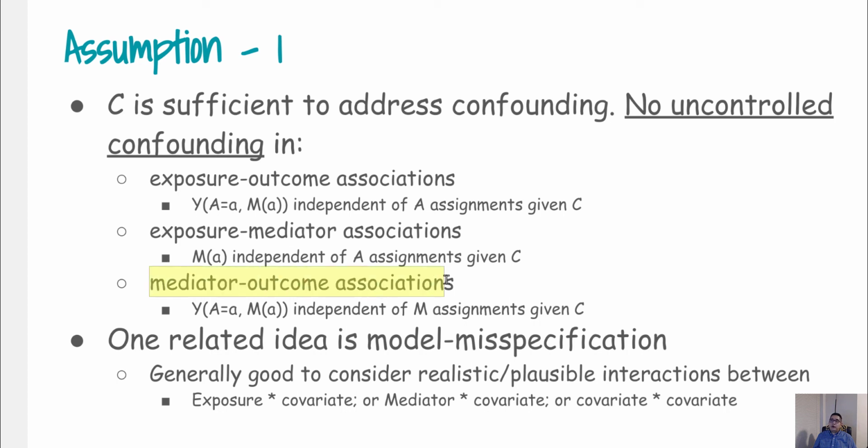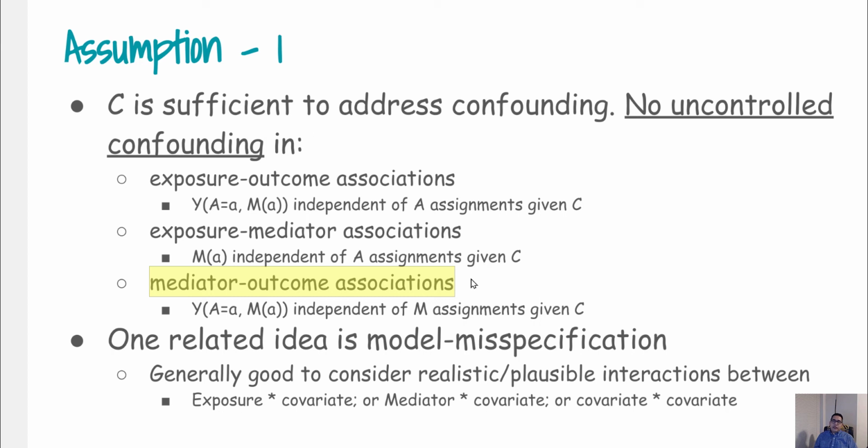Also the mediator outcome association, and this is something that we do not observe directly, but in the process of fitting the direct and indirect effect, at least in the outcome model, if you remember, there was the A and A star for the direct effect and indirect effect, and in some way the mediator and outcome relationships are being assessed there.